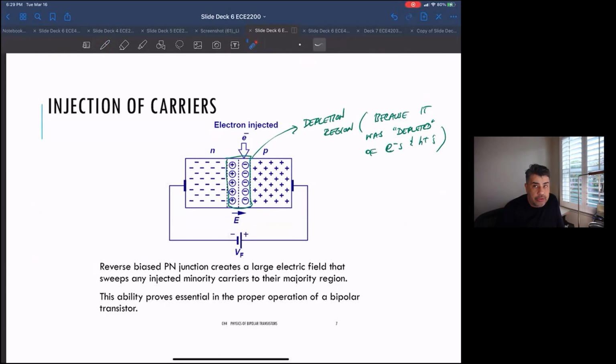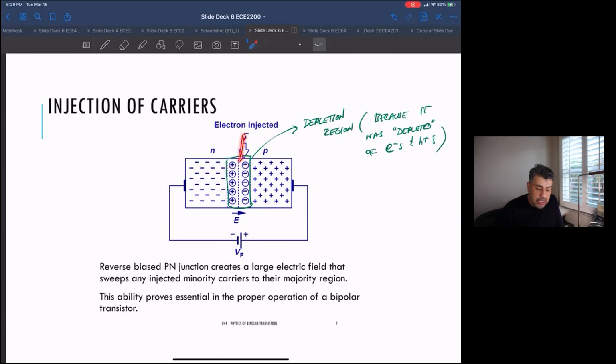Now from the outside world, we're going to start throwing electrons in here somehow. Notice that since you put an electron here, the electric field is going to push this electron into this area.